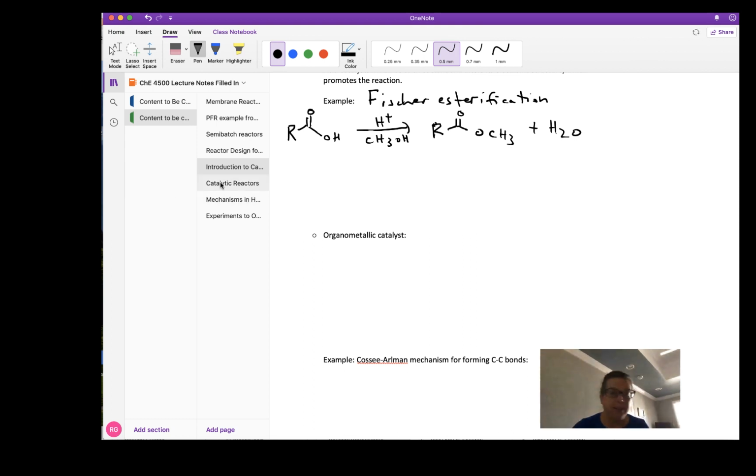So how does the catalyst participate in this? We take our reactant species. We've got lone pairs on this oxygen atom. Those are going to react with the catalyst, so they're going to modify its electronic structure.